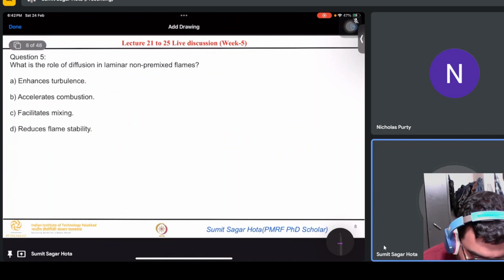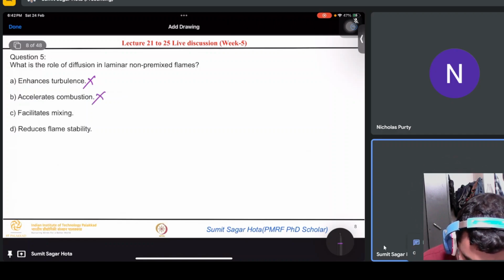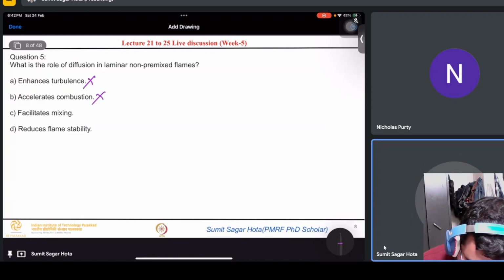What is the role of diffusion in laminar non-premixed flames? Diffusion never enhances turbulence, and it does not reduce flame stability.